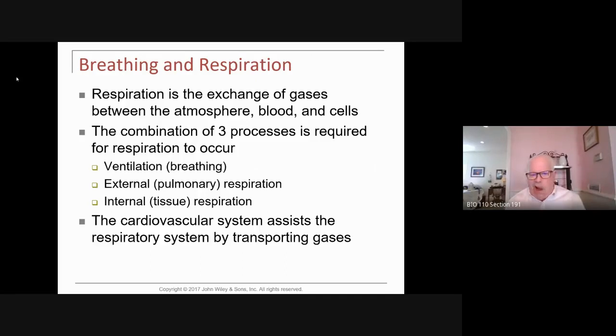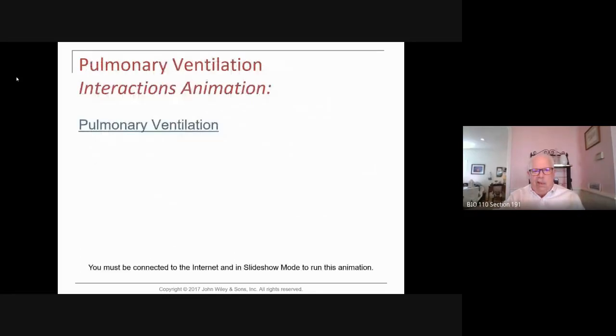It also requires tissue respiration, which is known as internal respiration, and that involves the cells and tissues of your body. And we rely on the cardiovascular system to transport the gases that are generated by the respiratory system. Okay?